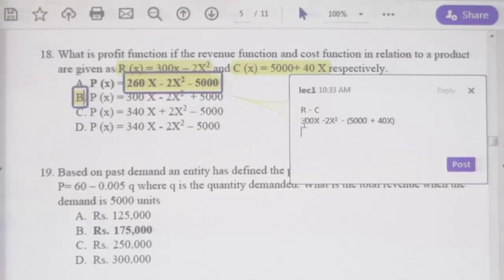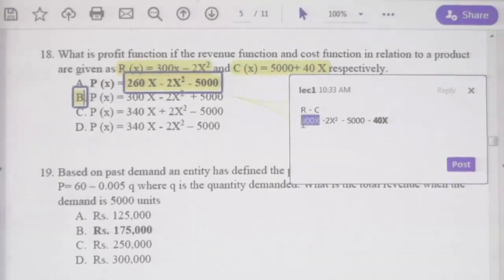Now try to remove the brackets. When you remove the bracket, what happens? 300x minus 2x squared, minus this bracket will eliminate, right. Therefore, this sign will become minus and the bracket will be eliminated. Then you can see only this 40x and 300x will be solved.